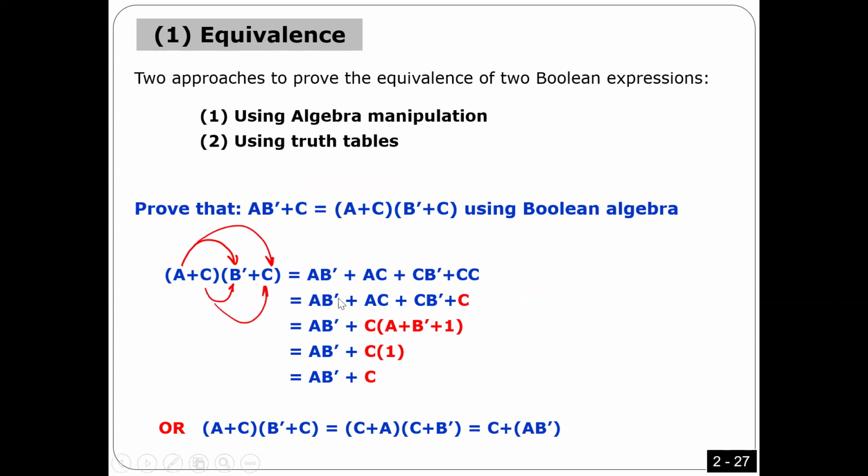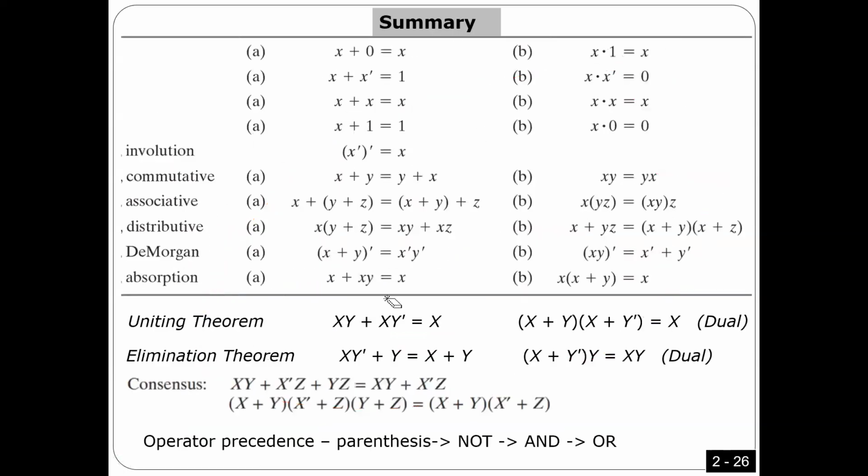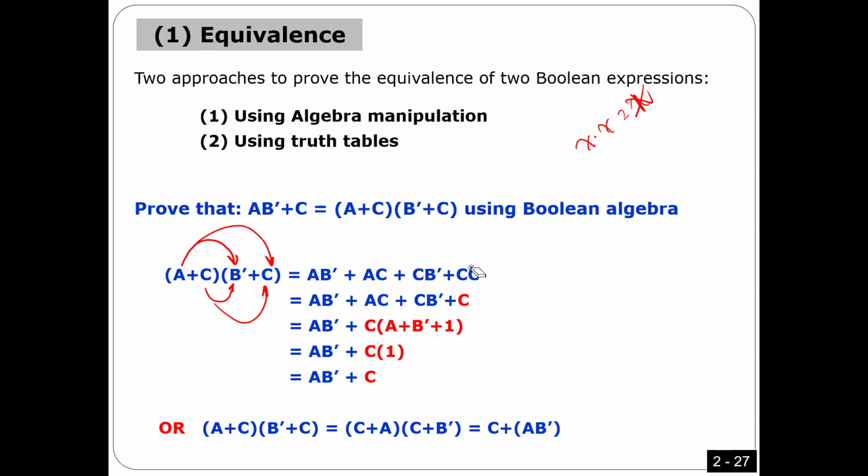So this one is equal to A B prime or A C, or C B prime or C and C. Also, one of the rules, you know, C and C is C. X and X is X. Anyway, this is the manipulation I did here, and now, this is a very important thing, guys.